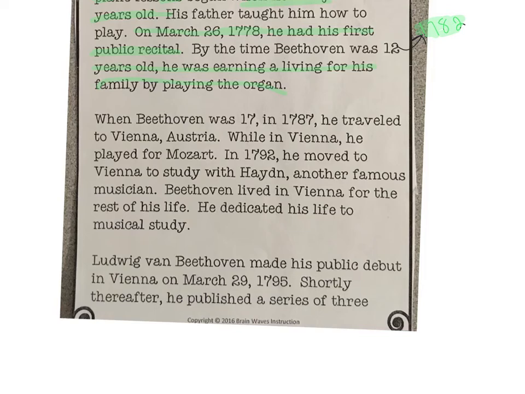When Beethoven was 17, in 1787, he traveled to Vienna, Austria. While in Vienna, he played for Mozart. In 1792, he moved to Vienna to study with Haydn, another famous musician. Beethoven lived in Vienna for the rest of his life.